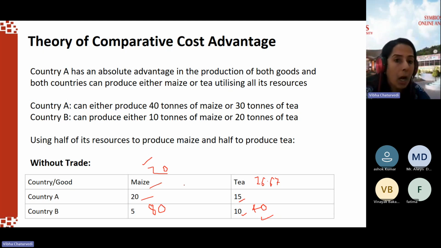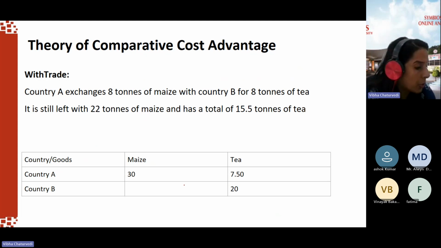So the total global production of maize is going to be 25 units and of tea is also going to be 25 units.